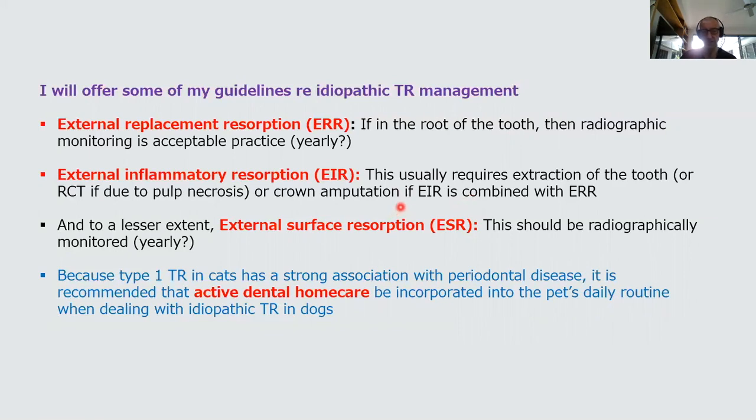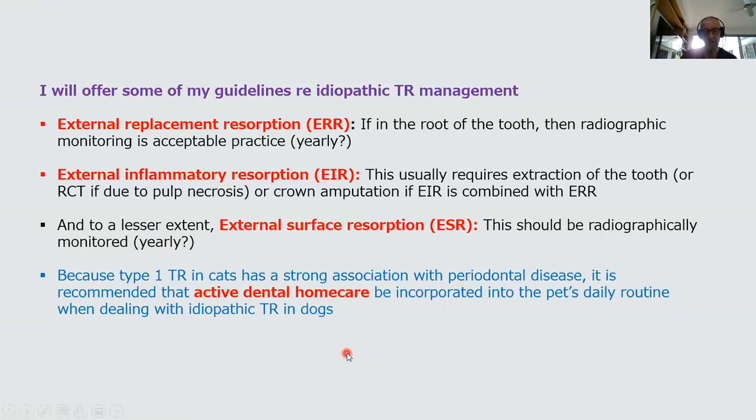As I said before, it can be associated with tumors. So the best option here is to extract the tooth. When we have surface resorption, again, as with replacement resorption, monitoring would be acceptable, knowing that there's a strong chance that surface resorption can end up being a replacement resorption.